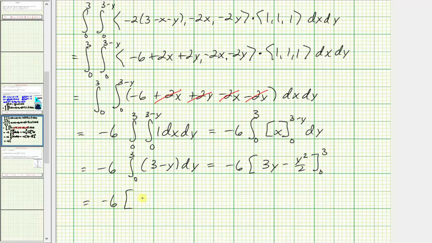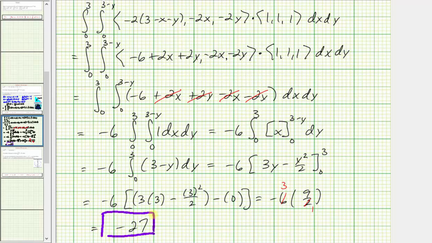So when y is 3, we have 3 times 3 minus 3 squared divided by 2. And then when y is 0, both terms are 0. So we end up getting negative 6 times, this is 9 minus 9 halves, which is positive 9 halves. Here we simplify, there's 2 and 2, and 3 2's in 6. So the exact value is negative 27.